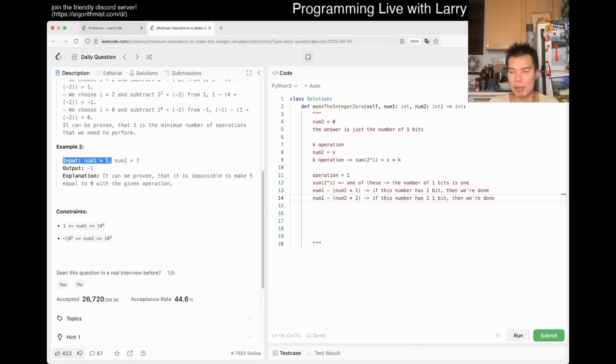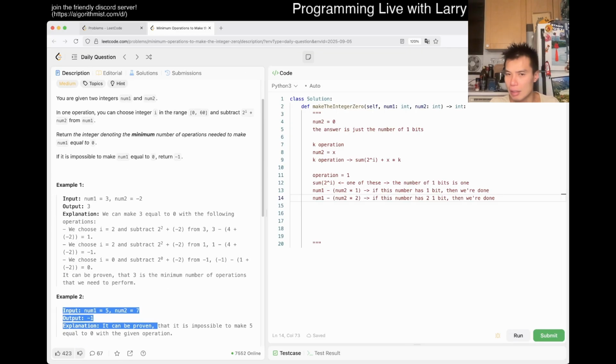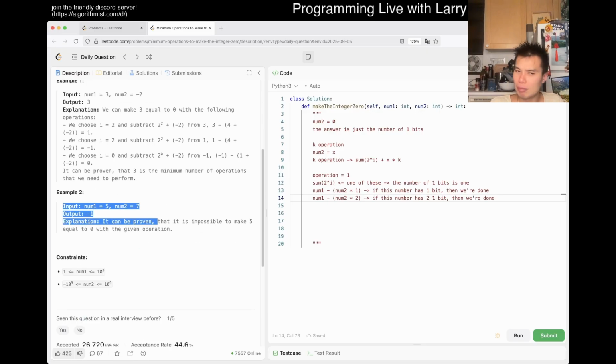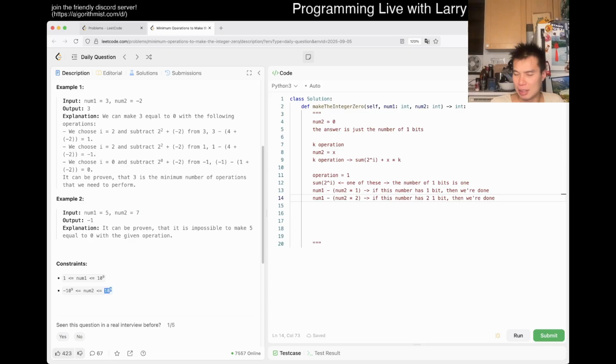Well, in the impossible case, you could say 10 to the 9 is going to be 30, at most 31 bits. Maybe even double it to 60, or 64, whatever, for a long. Just to be sure, if you want to play with that, 60 or whatever is also fine.